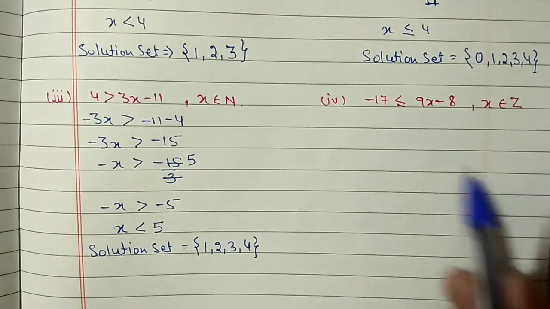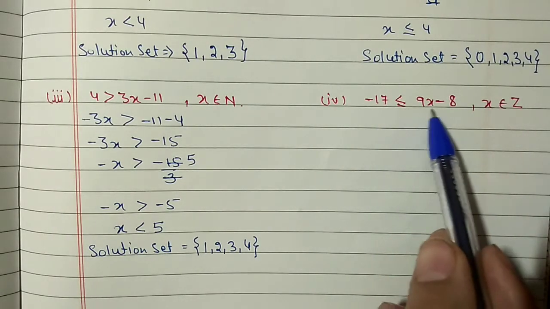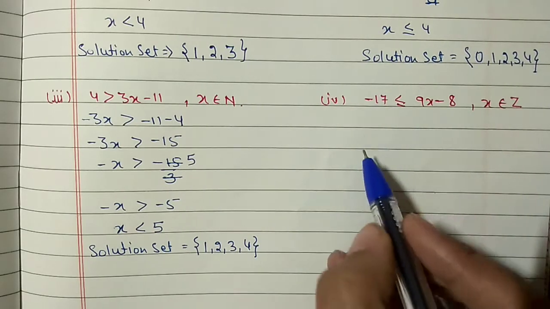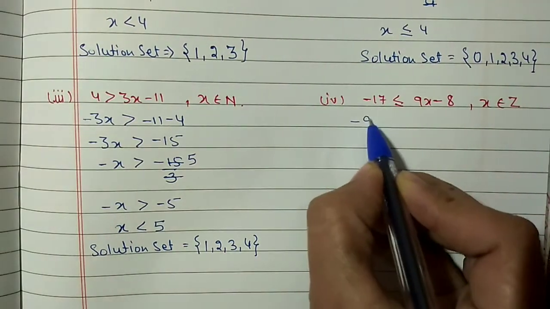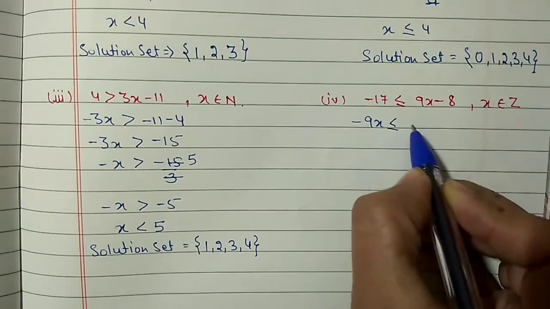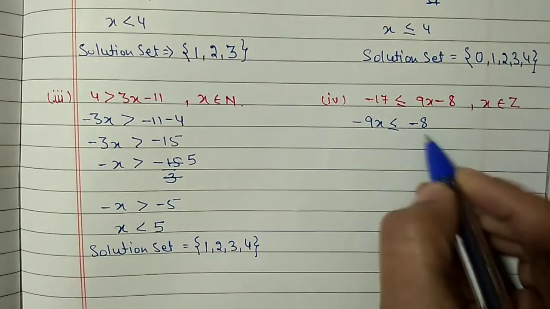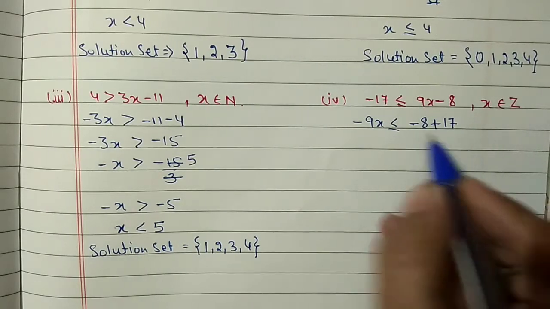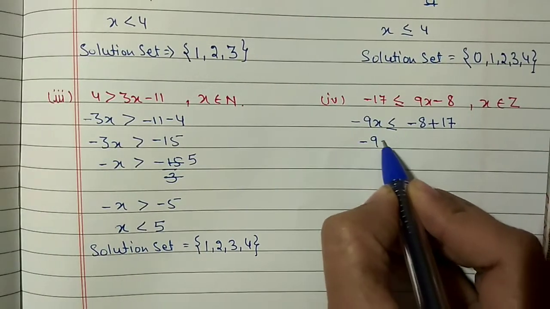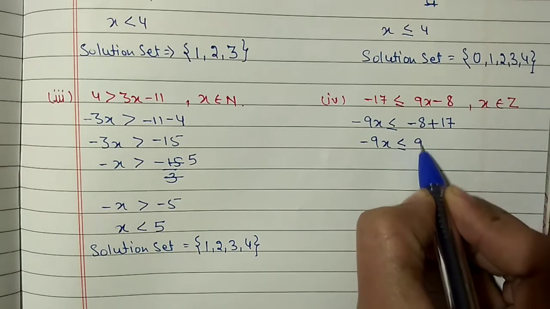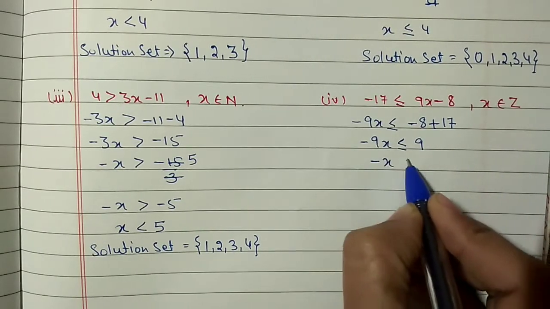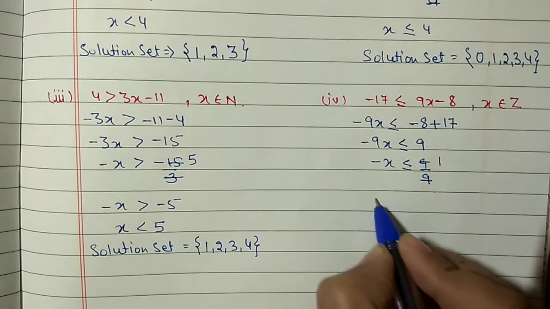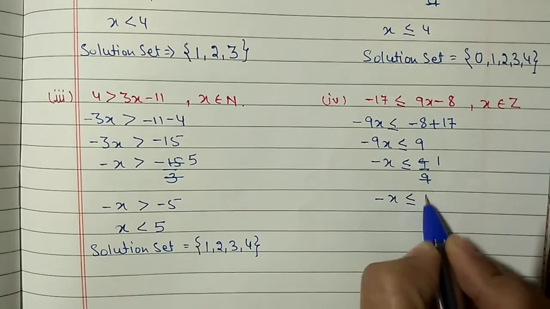Now fourth part, minus 17 less than equal to 9x minus 8. First we will simplify 9x, we will shift left side, it will become minus 9x. Minus 8 is as it is and this minus 17 after shifting it will become plus 17. So we will get here minus 9x less than equal to 9 or minus x less than equal to 9 by 9 means 1. Minus x less than equal to 1.